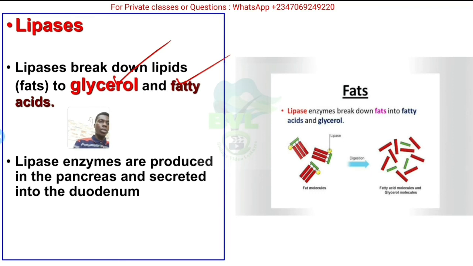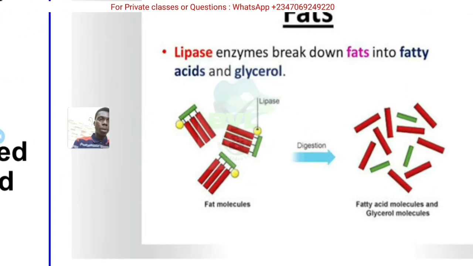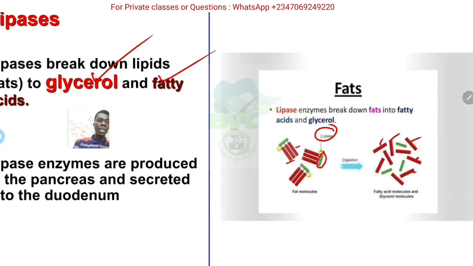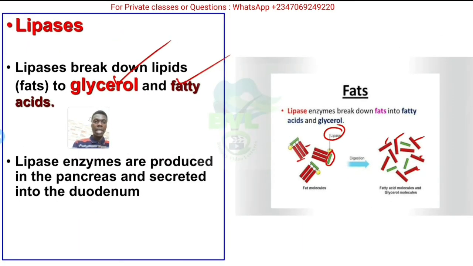Now, you can see what is happening here. This is the bond, this is the lipase. It breaks the glycerol off from the fatty acids. These are fatty acids. These are fatty acids. So glycerol is freed, fatty acid is also freed, so it can then be absorbed. So where are they produced? In the pancreas. We have what we call pancreatic lipase.